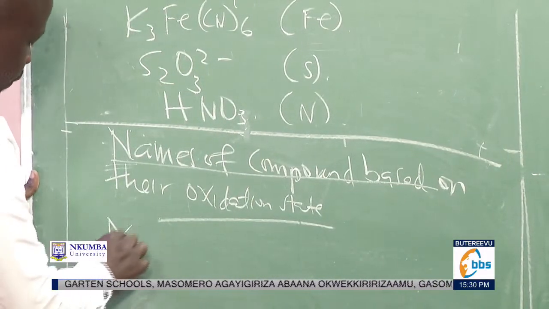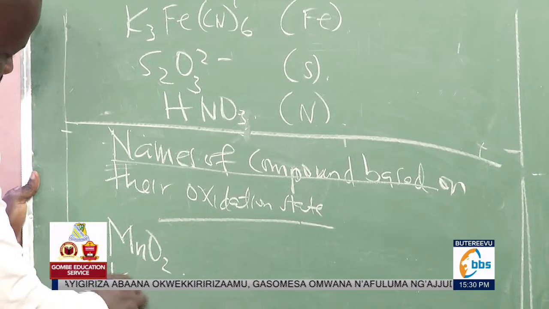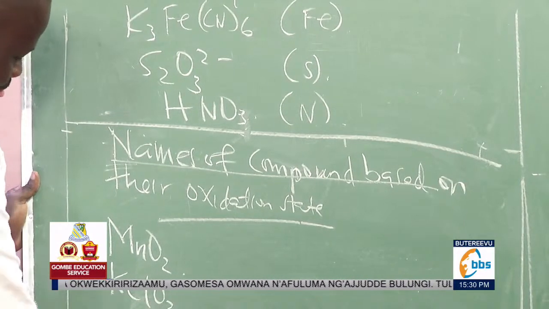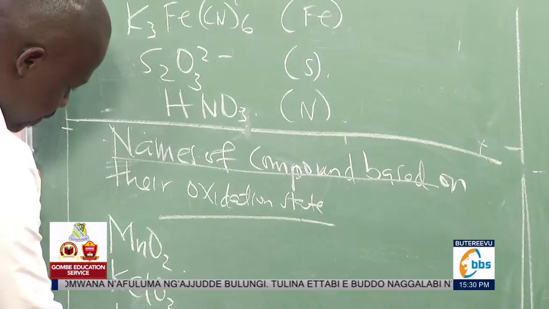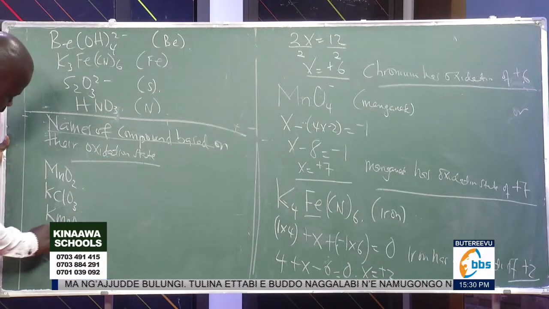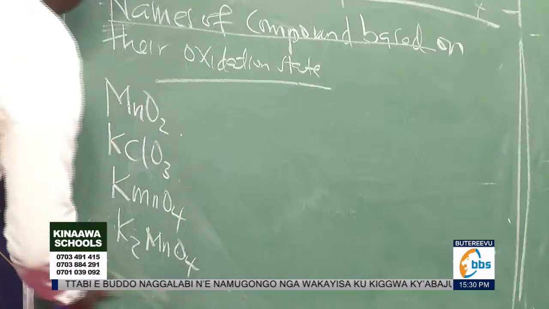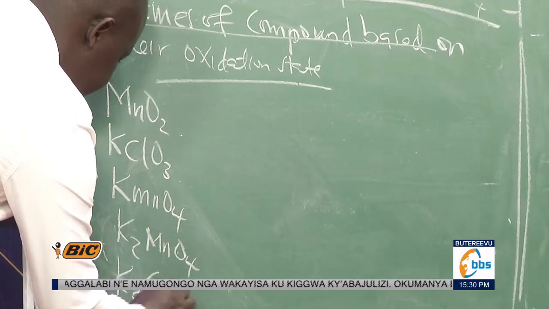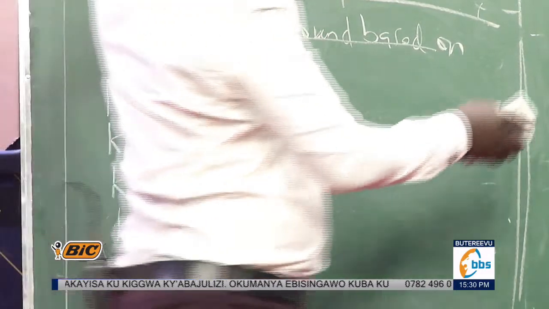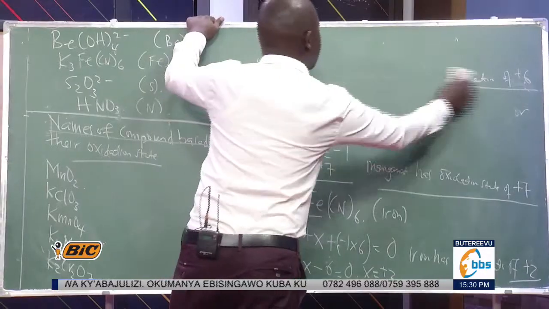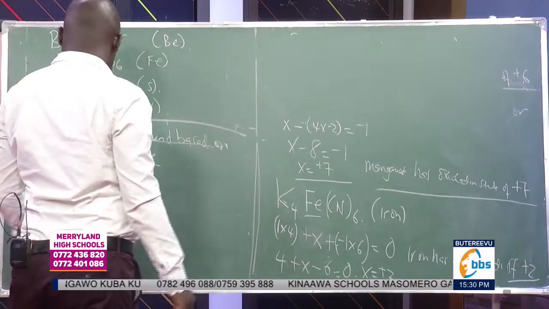We have MnO2. Then we have O4. Which other one? We have also here, which other one?